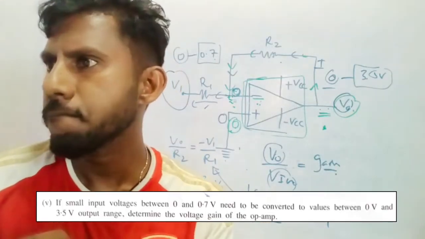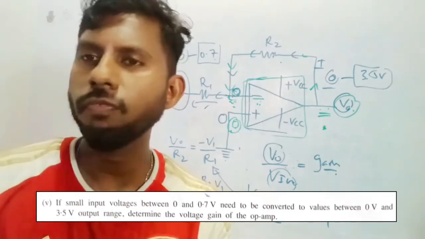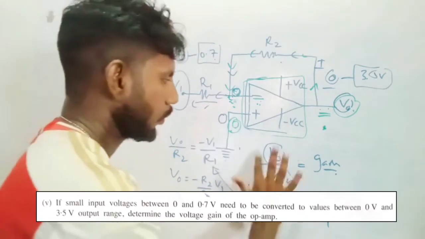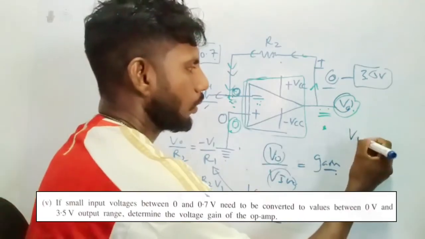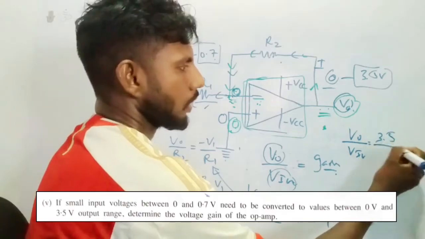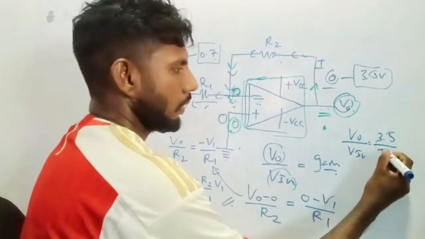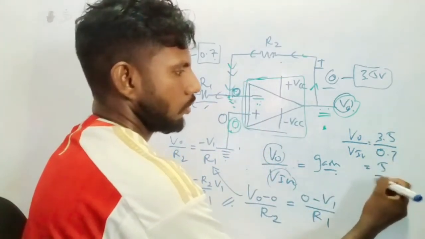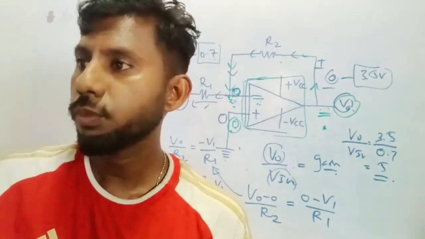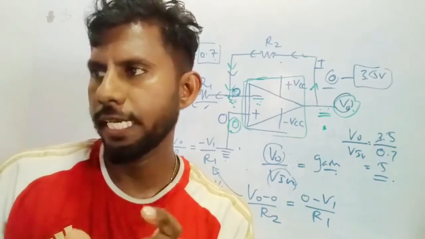They are asking to determine the voltage gain of the operational amplifier. We have to divide output voltage by input voltage. Output maximum 3.5, input maximum 0.7, we get 5. That's the answer.